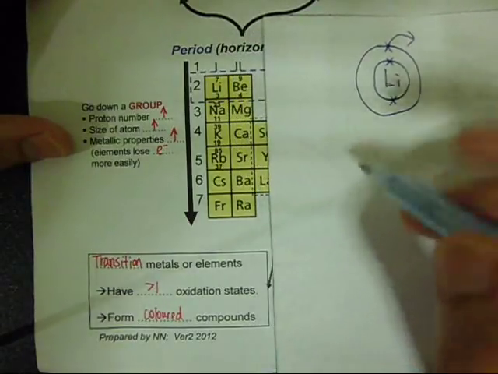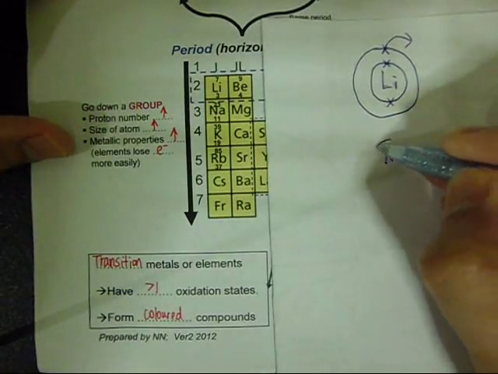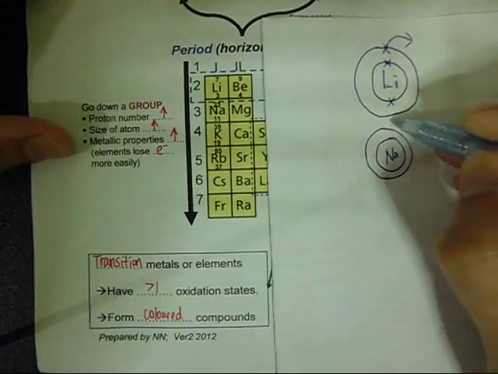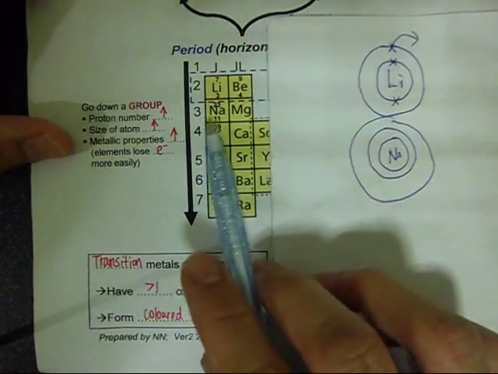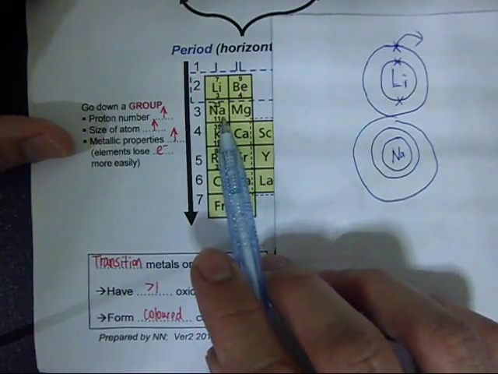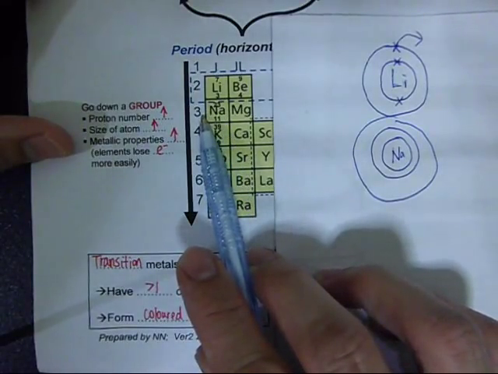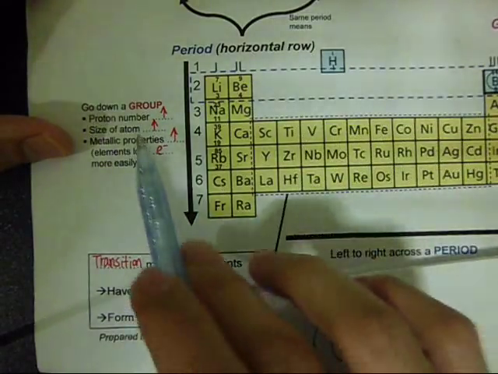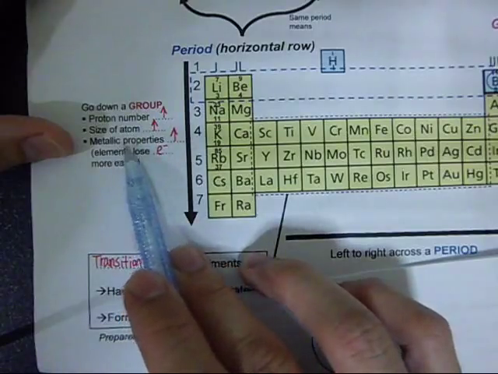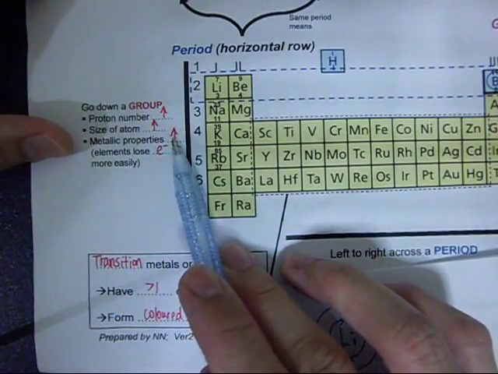So lithium is like this, your sodium would be like this. Okay, your sodium would be like that, because your sodium is in period 3, meaning that it has 3 electron shells. So sodium will be bigger than lithium. So size of atom increases and metallic property will also increase.